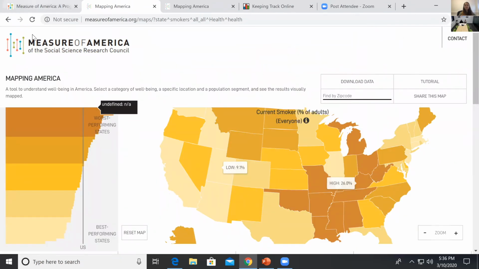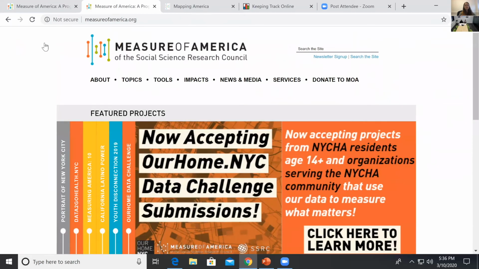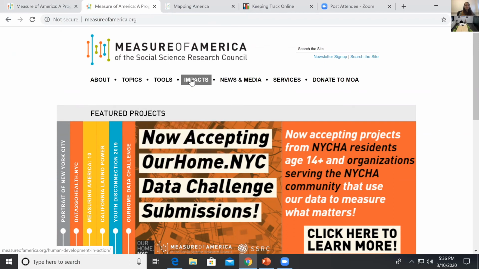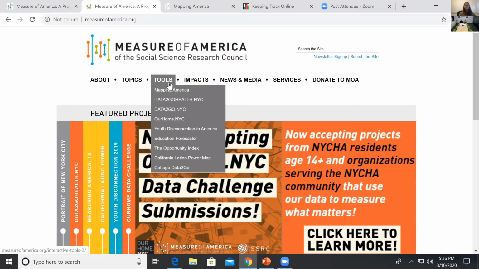Something I also want to point out, and this was true for the previous one that I showed you too, is that if you hover over some of these other functionalities, a lot of times you can find reports that look at the data, but also take into account some of that community stuff that we're talking about, and really try to flesh out what's happening with the numbers. So if you're interested in learning more, I would say don't just use this mapping tool.